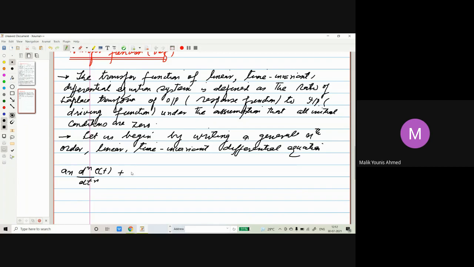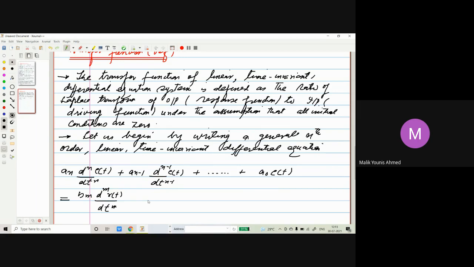plus a_(n-1) d^(n-1) by dt^(n-1) of c(t), plus so on and so forth, plus a_0 c(t), equal to b_m d^m by dt^m of r(t), plus b_(m-1) d^(m-1) by dt^(m-1) of r(t), plus so on and so forth, plus b_0 r(t). r(t) is input, c(t) is output in time domain.